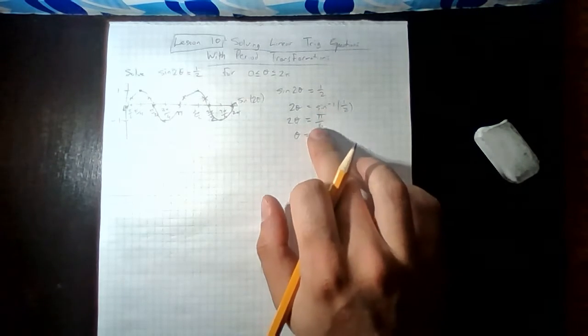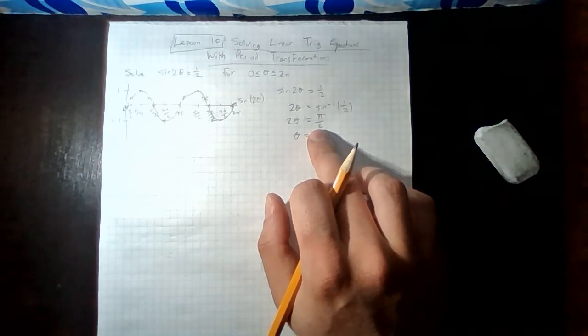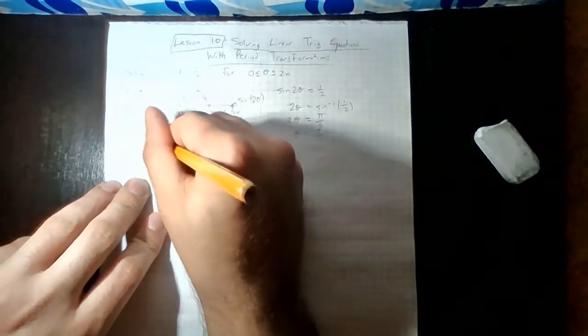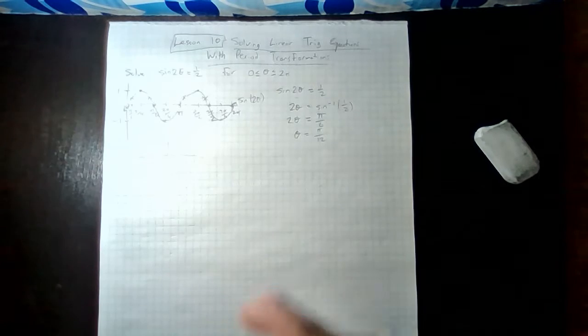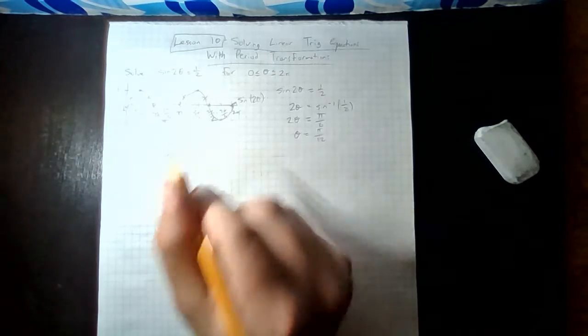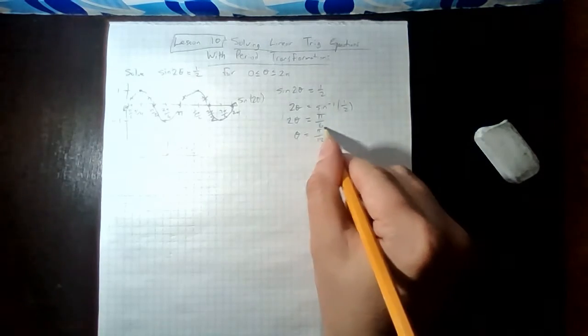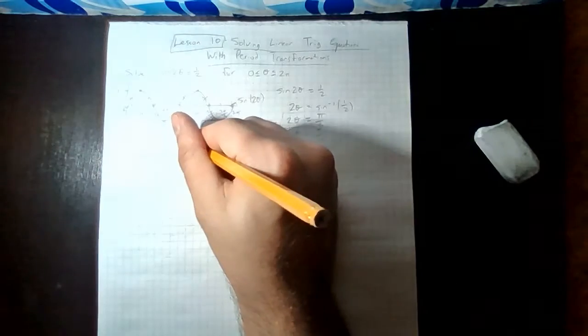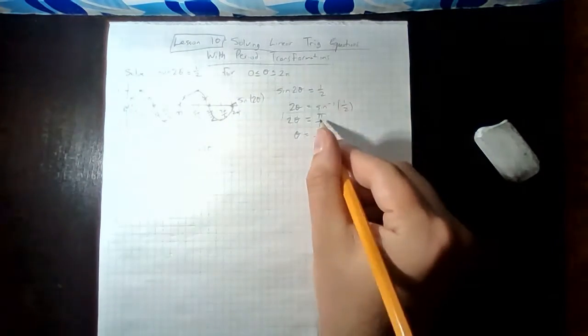So our 2 times theta, this is our pi over 6 here. We're going through 1/2 at pi over 6. So that's that first quadrant. So our related acute angle is pi over 6. And then we used that related acute angle to find what theta was.